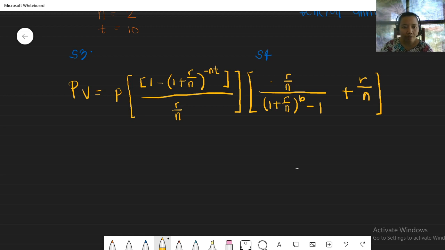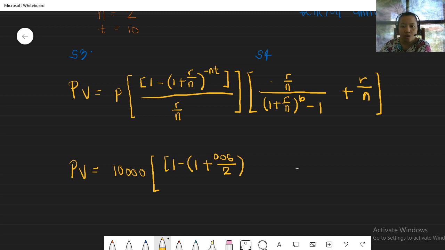We have our present value, PV, equivalent to the given P, 10,000, and then our numerator, 1 minus 1 plus R, which is 0.06, divided by 2, the value of N, to the power of negative 2 times 10. This serves as our numerator.